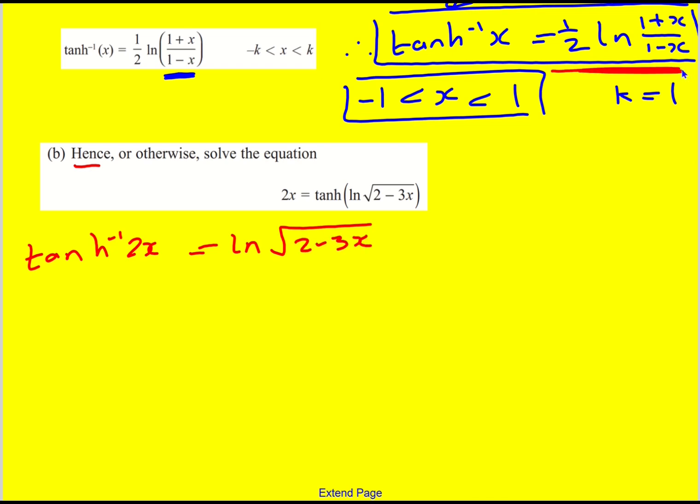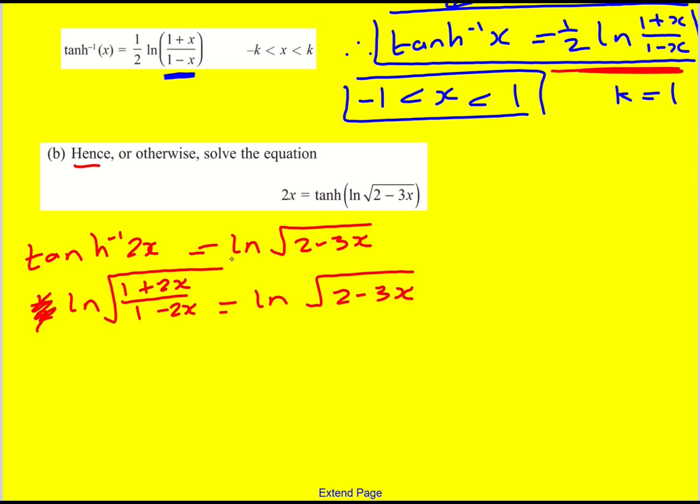And now I can use this result here. So I will have a half ln, then it'll be 1 plus 2x over 1 minus 2x equaling ln root 2 minus 3x. But what I can do is bring that half back in to make it a square root.